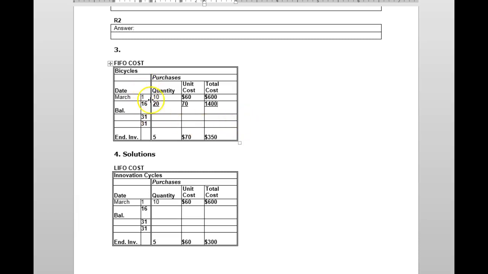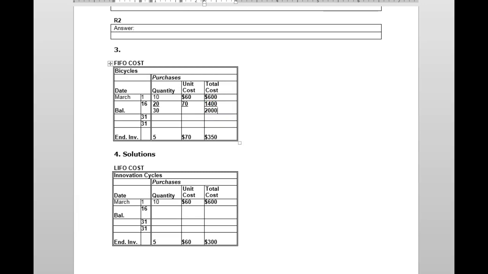And then you would just pull these down. I'll show you this on the first one, and then we'll walk through the others. And we have 30 cycles, these are bicycles, so you have 30 here, and their total cost is $2,000.